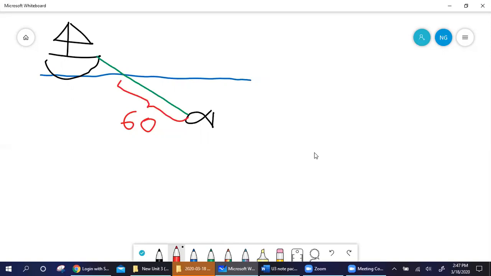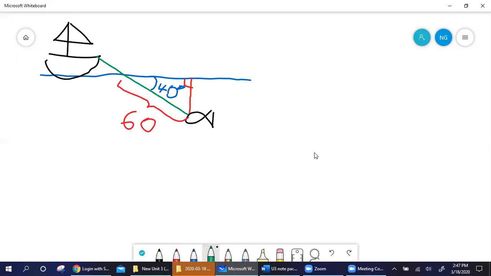It gives me the angle of depression. Now, angle of depression is from the horizontal of the water down to the line. That's an angle of depression. That's 40 degrees. And again, I've got to figure out, all right, where's my right triangle? There it is. Question is, how deep is the fish?